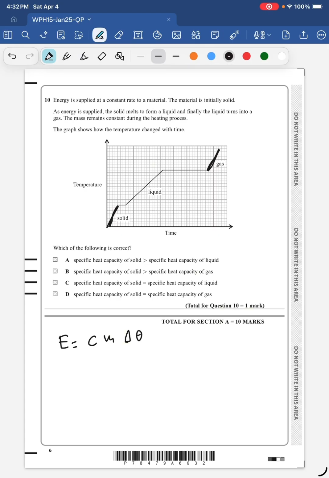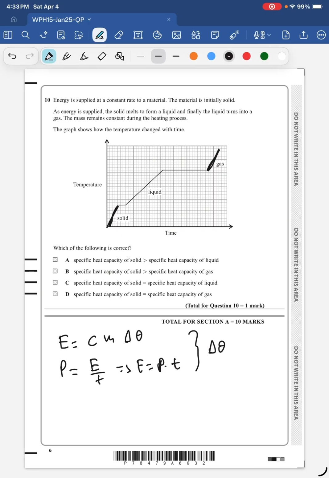Okay, but here we have the temperature plotted against time. So to make sense of that, recall that power is energy over time, right? So energy is power times time. And assuming that we use a heating device of constant power, we can cast this into an equation that looks like this.